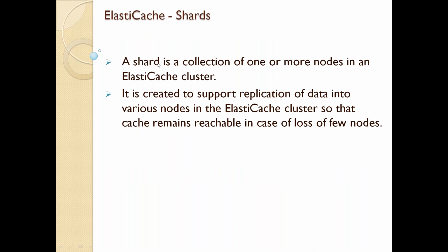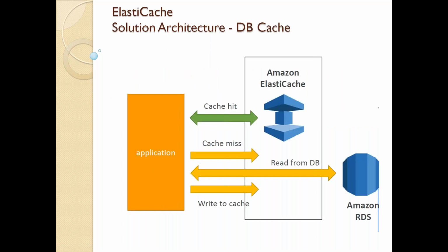We talked about shards. A shard is nothing but a collection of one or more nodes in an ElastiCache cluster. It is created to support replication of data into various nodes so that your cache remains reachable in case of loss of a few nodes. So you have 5 nodes. If 2 nodes go down, your data will still be available in the other 3 nodes.